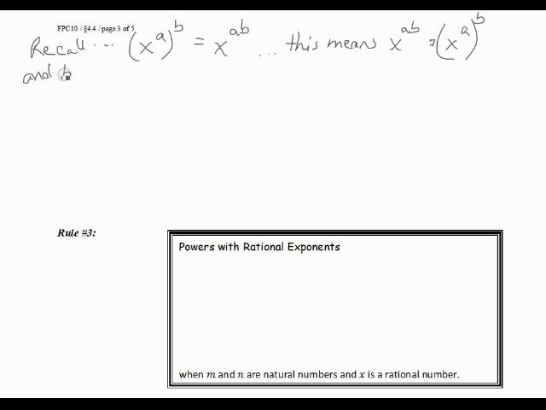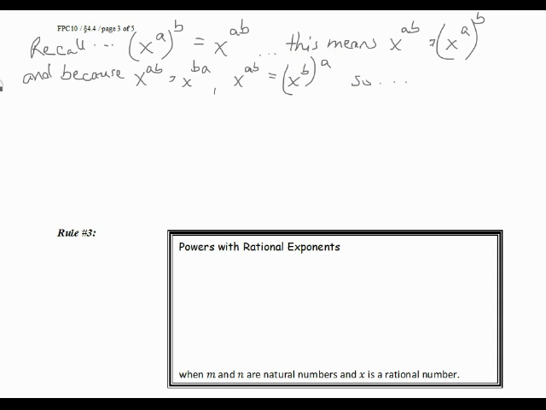And because x to the ab is the same as x to the ba, because it doesn't matter what order we multiply things in, x to the ab also equals x to the b to the a.